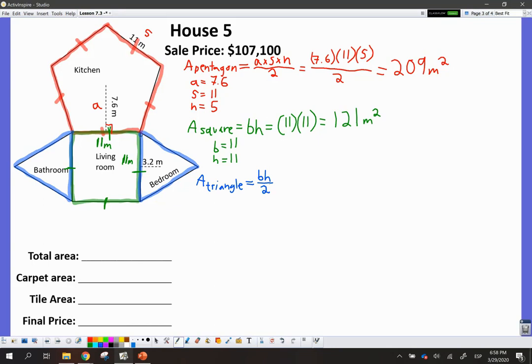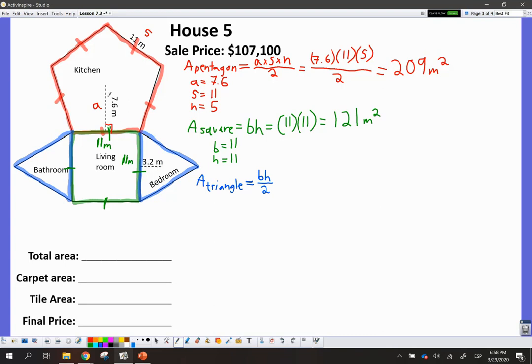Now I know my base is 11 because that's here. And I look at my height. Now, be real careful here. Look at this height. Look at this line. Does this line go all the way up to the vertex? We're missing this section, right? We don't know what this part is. So honestly, there's no way to find that either. So this is not the height.